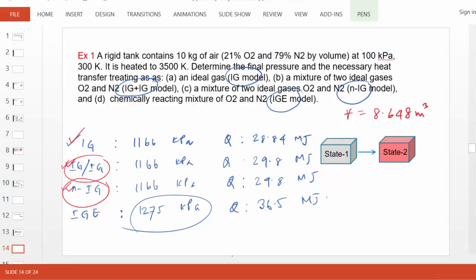Okay, this probably is a better guess. So you can see that because of chemical reaction, the answer can be quite different because now we have different properties of gases because of the reaction. So I'll pause here. The purpose here was to illustrate a gradual introduction of complexity into the gas model.